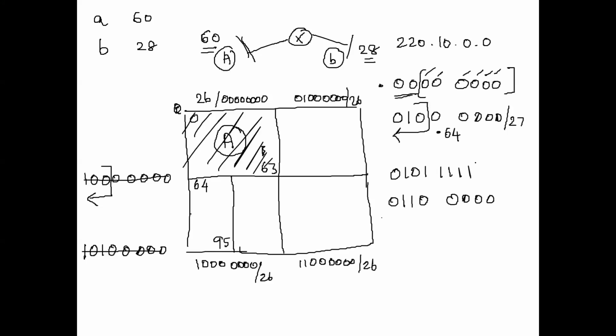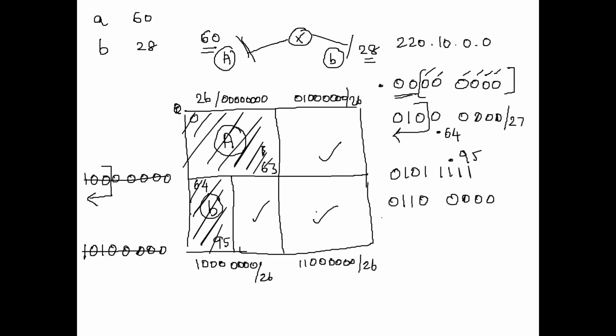So this is dot 95. This block we will give to B. The remaining portions are free, so you were able to efficiently assign the IP addresses using VLSM.